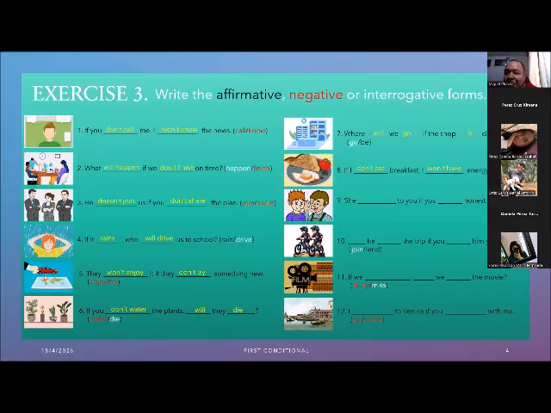A volunteer, please, for number 9. She won't talk to you if you aren't honest. Can you repeat it, Maria Fernanda, please? She won't talk to you if you aren't honest. Exactly, Maria Fernanda. Thank you so much. Okay, yes, you were right. She won't talk. Okay, number 10, please.